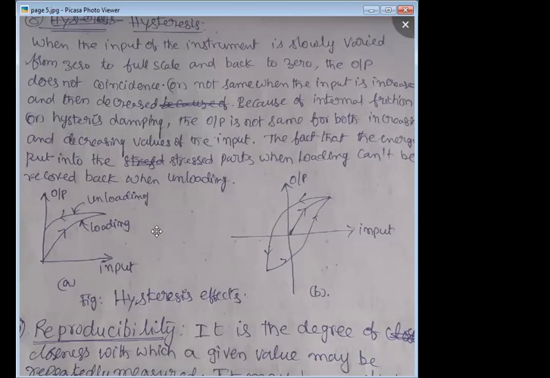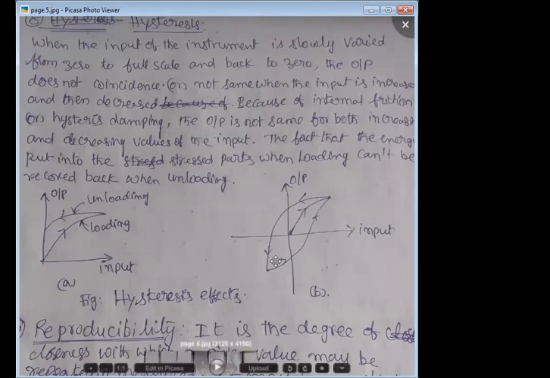When increasing the input, we are applying some stress on the parts. When decreasing, those stressed parts do not come back, so the increased and decreased values are not matching. That variation is considered hysteresis. This hysteresis value should be low for instruments, then only will it produce the correct value.